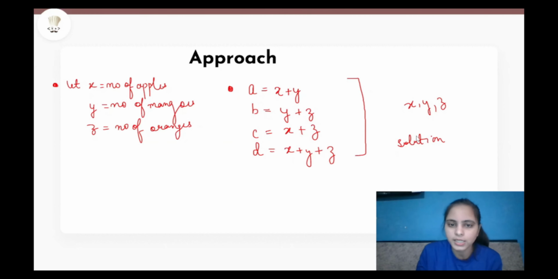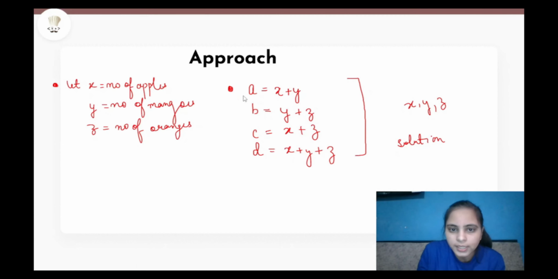So we need not consider the case in which x or y or z is negative or fractional, because we can't have a fractional or negative number of fruits in the basket. We simply have to solve the equations keeping in mind that the solution always exists and x, y and z are going to be non-negative integers.